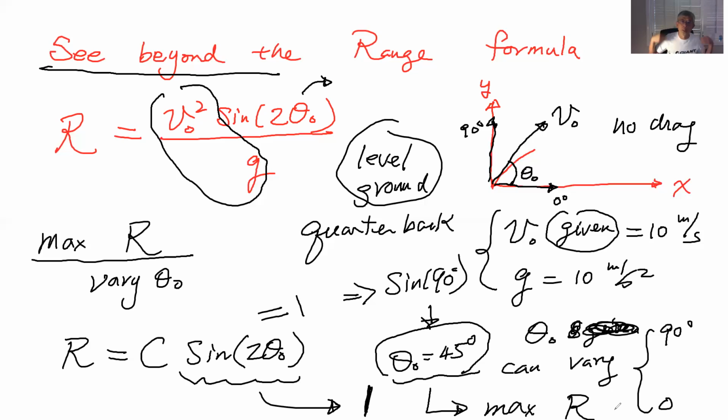That's the angle the quarterback should throw at, 45 degrees, in general, if those conditions are true.